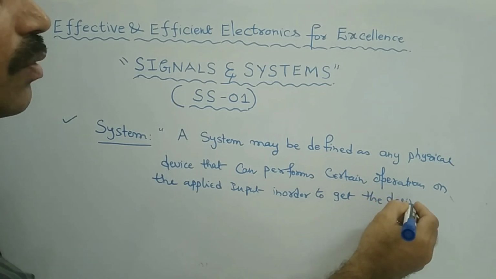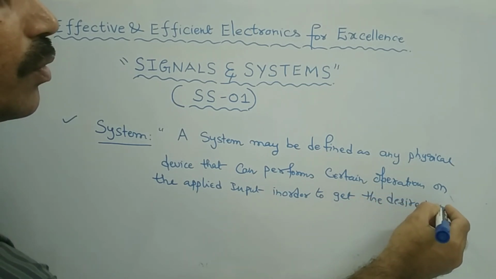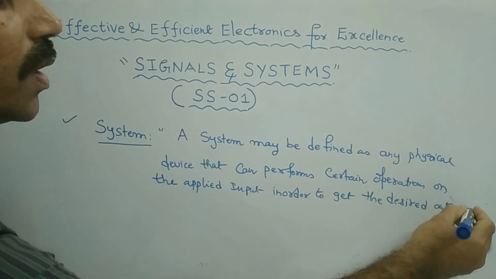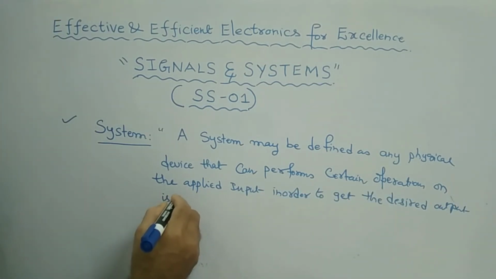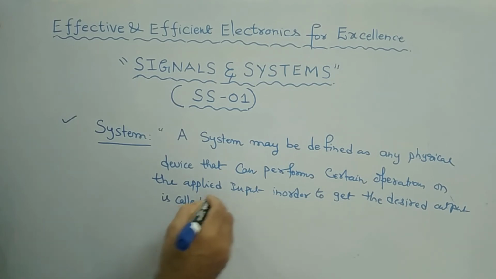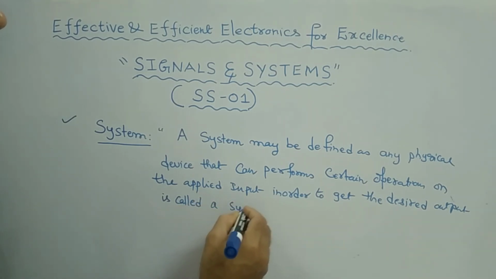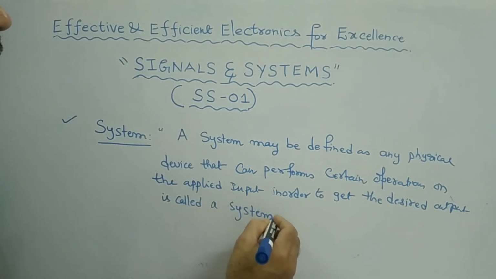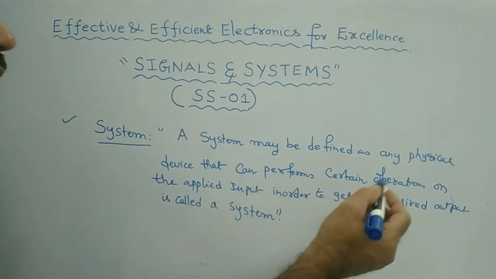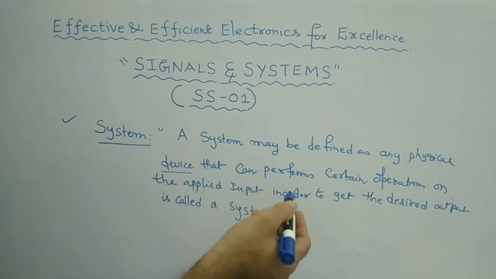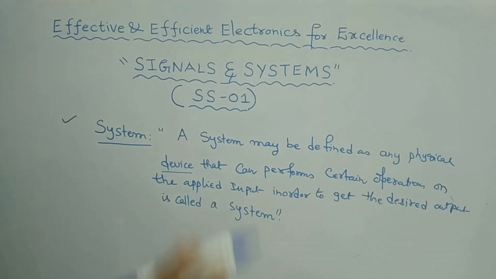Clear? In order to get the desired output is called a system. This is the perfect definition of a system. It is a physical device that performs certain operations.